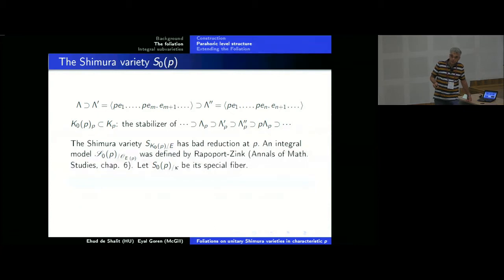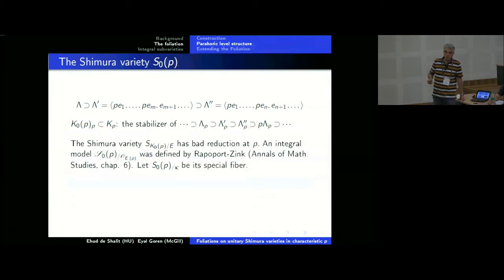Lambda double prime to be the one with pe_1 all the way up to pe_n, so n is bigger than m. And then I have lambda contains lambda prime, contains lambda double prime, contains p times lambda, but I actually localize at p. I tensor with Z_p over Z.